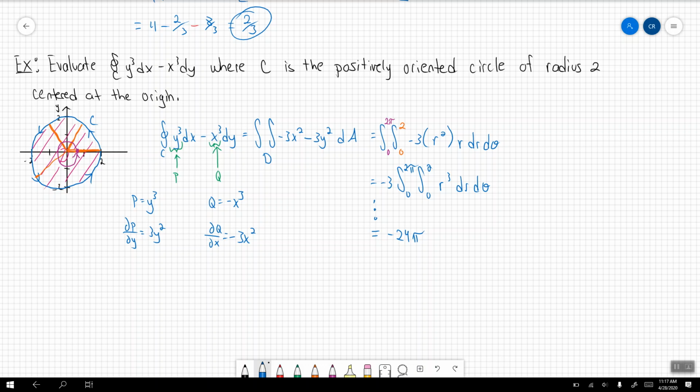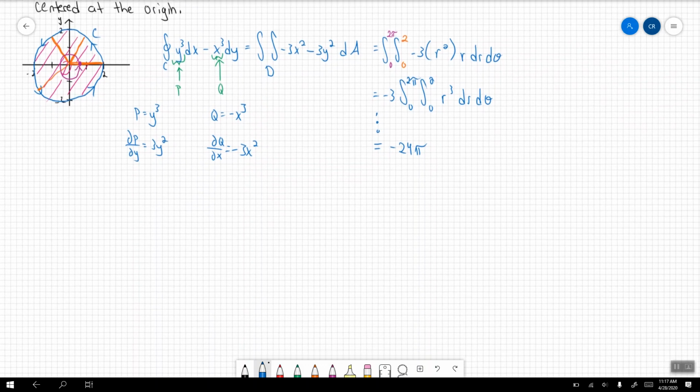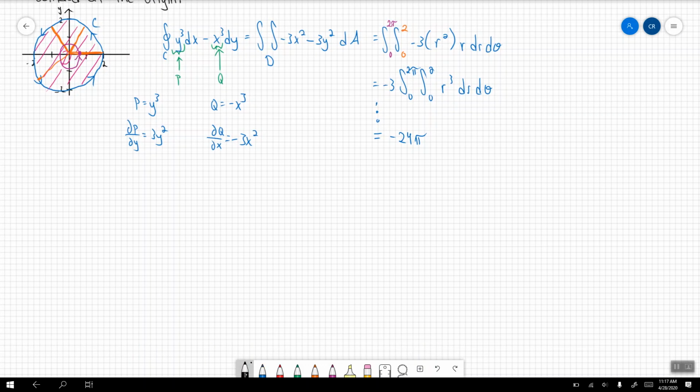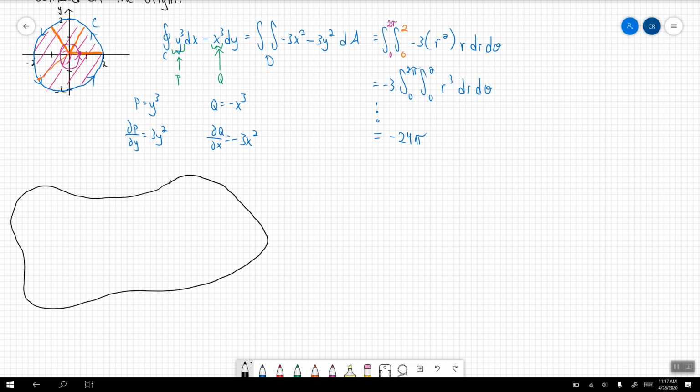Alright, so let's start now looking to generalize Green's theorem a little bit more. What I want to do is create this one boundary here for this given curve.